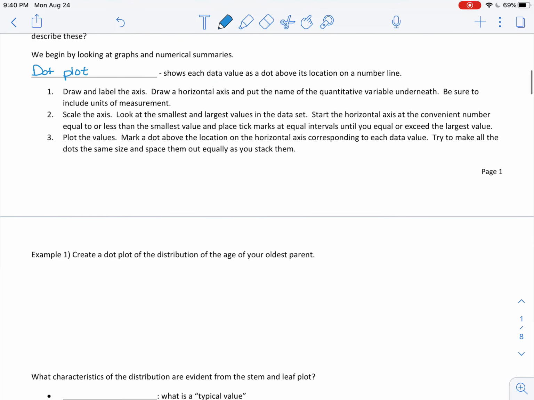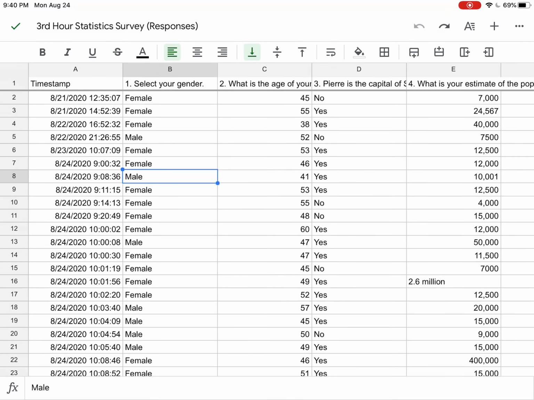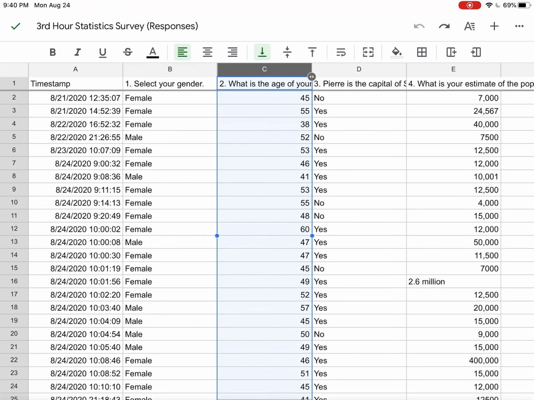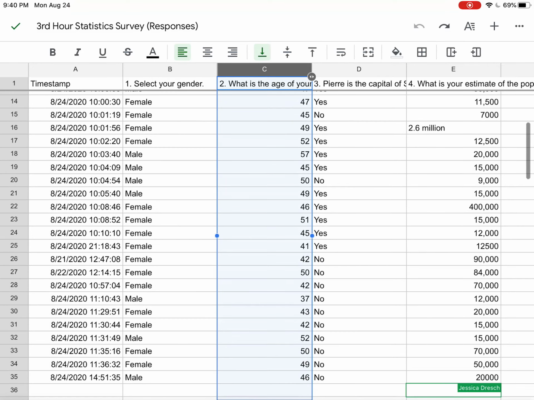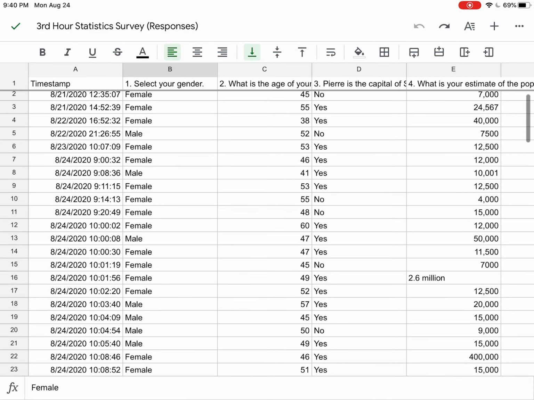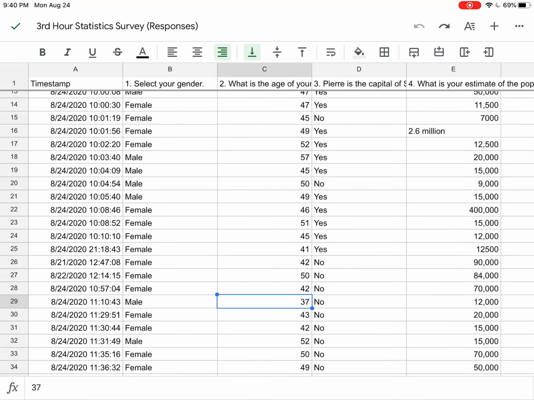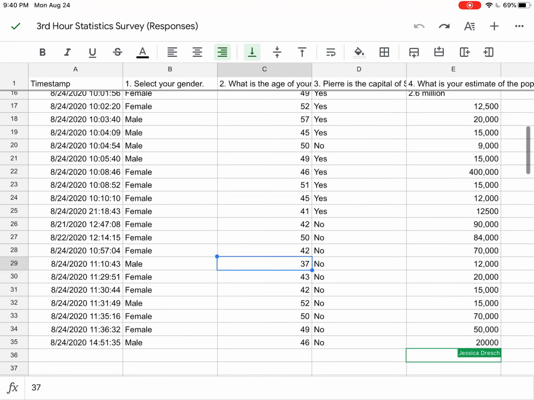So I have our class data put into a spreadsheet here. We are interested in column C, the age of our oldest parents. And part of what can make making these tedious is theoretically I have to look through. I'm like, okay, who actually was the youngest parent? And by looking through, I can find there's a 37-year-old.